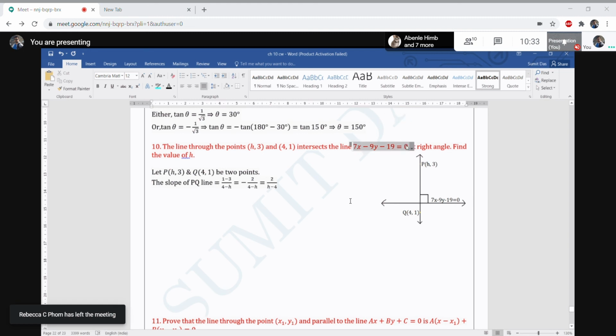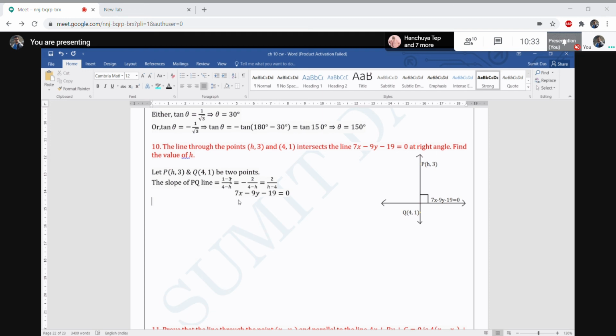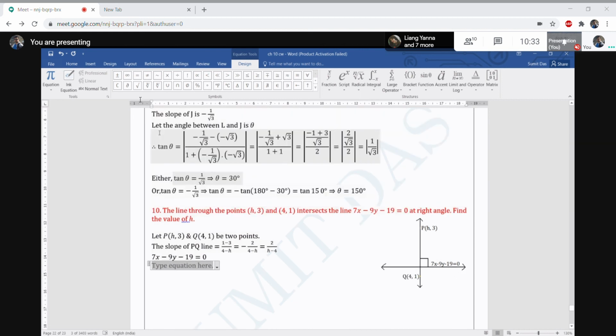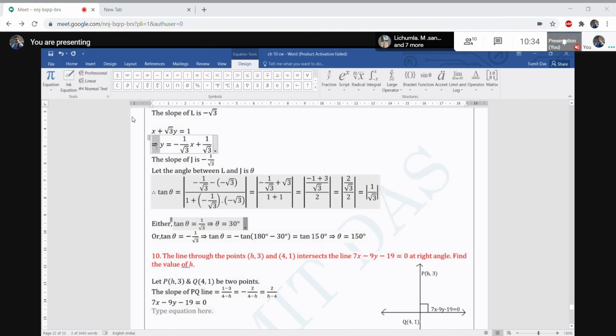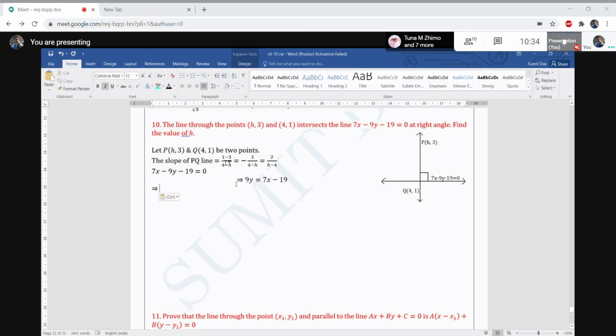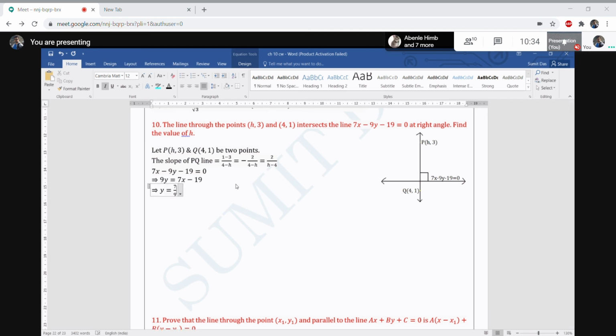I was thinking to give this one as homework, but still, okay, fine. Here it will be 9y equal to 7x minus 19. Then y equal to 7 by 9 x minus 19 by 9.